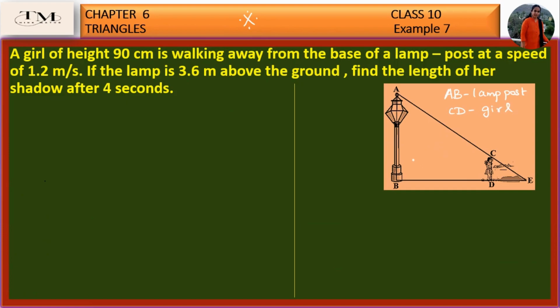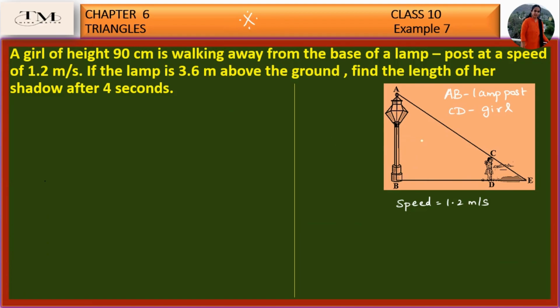This girl is walking away from the base, so this is the base, at a speed of 1.2 meter per second. If the lamp is 3.6 meter above the ground, so the height of the lamp is 3.6 meter.